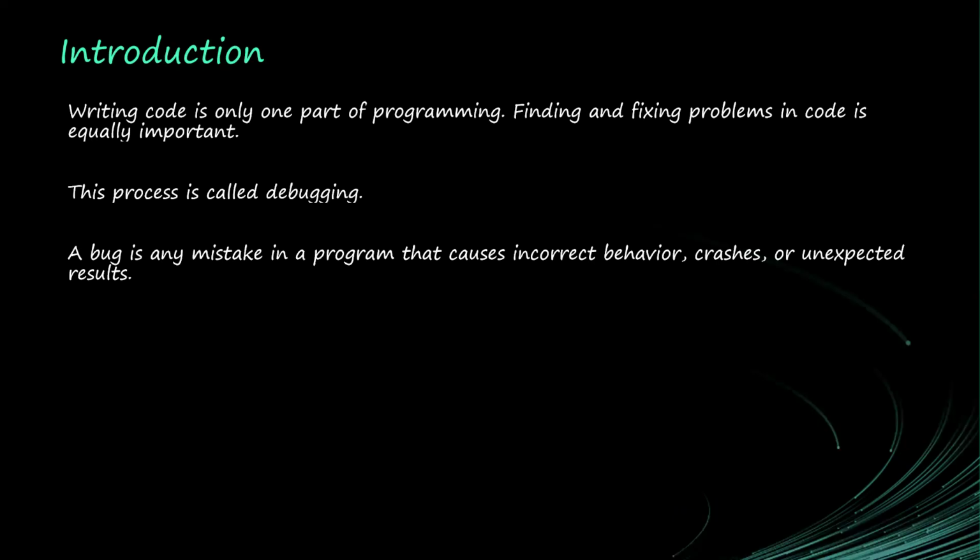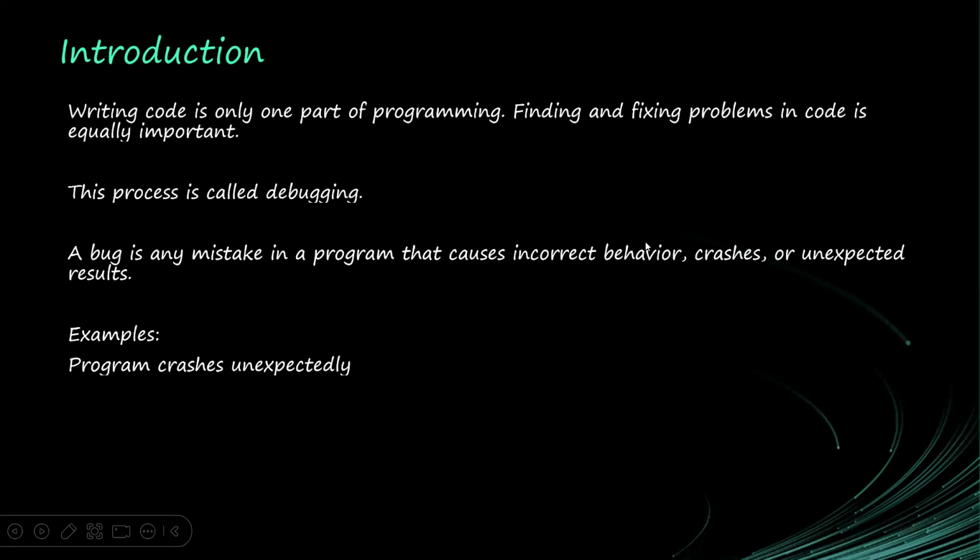A bug is any mistake in a program that causes incorrect behavior, crashes, or unexpected results. Examples are when a program crashes unexpectedly. We have seen that a lot. We have seen programs that have errors, and when we run them, they crash unexpectedly.